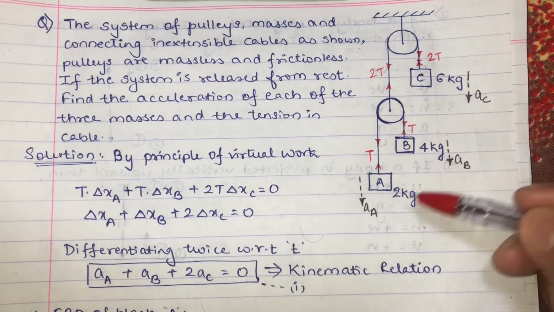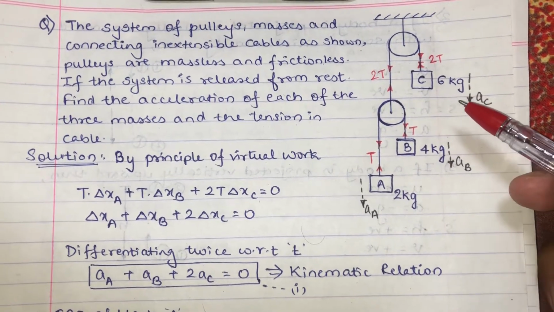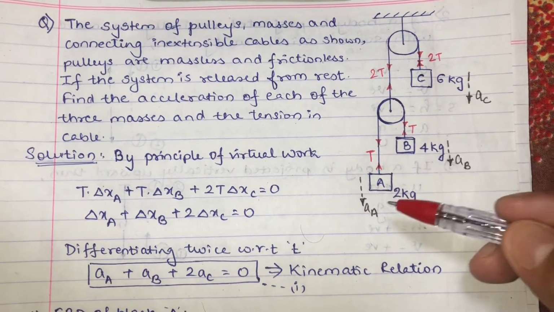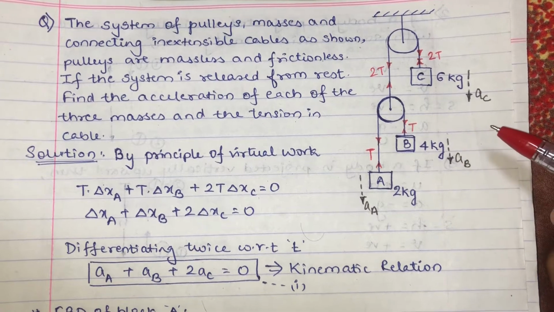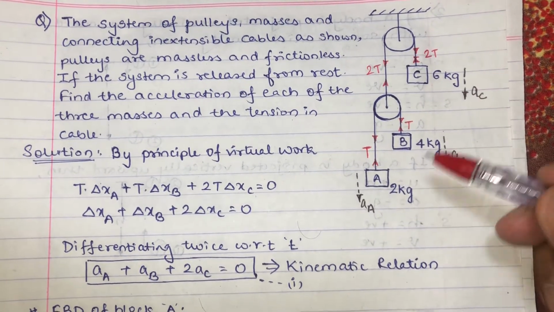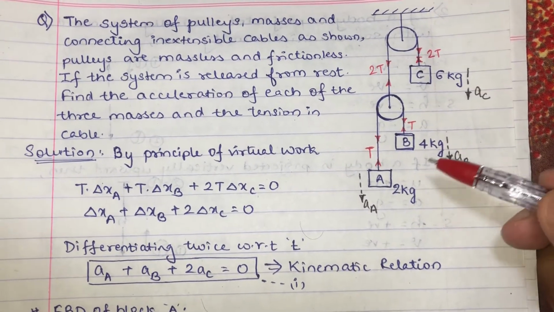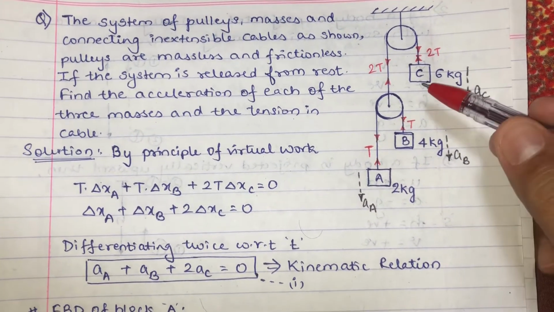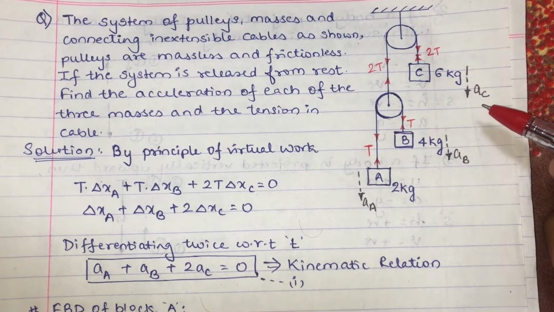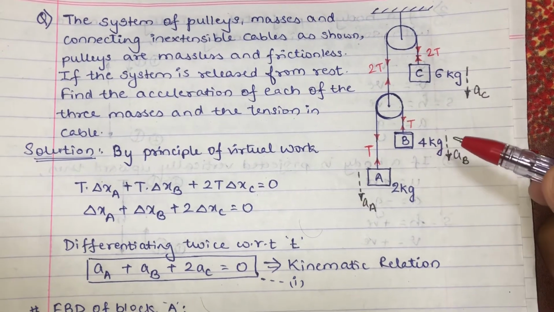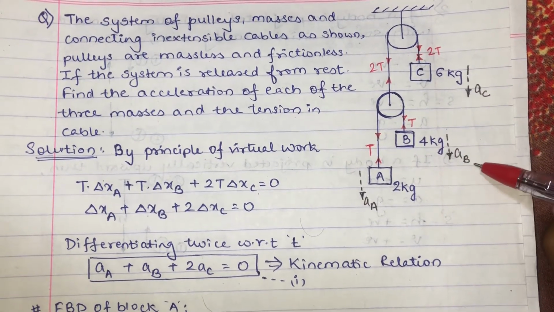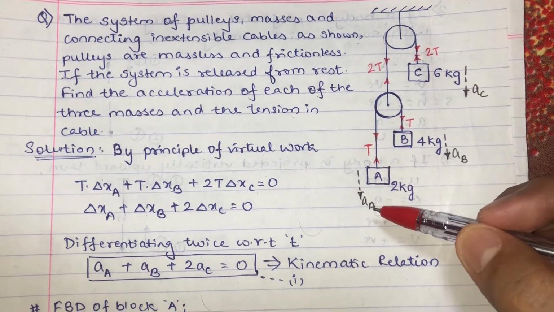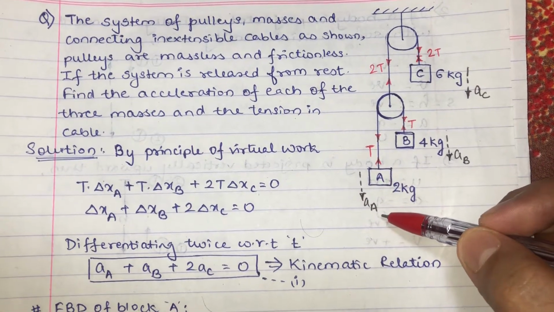But for this particular problem, consider all three blocks coming down. The answer will let us know which block is going up and which is coming down. So for block C, the acceleration is downward, AC. Block B, acceleration is downward, AB. Block A, moving downward, acceleration is AA.